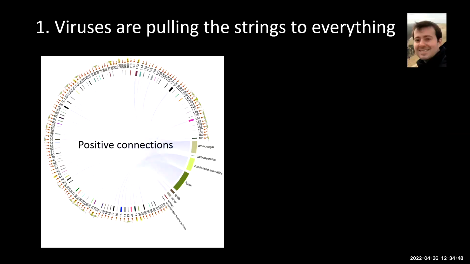And then we've basically mapped all the statistically significant positive correlations between a molecule in any of these classes and the different viruses. So where you see thicker lines from the viruses, they're better connected to the organic matter composition.